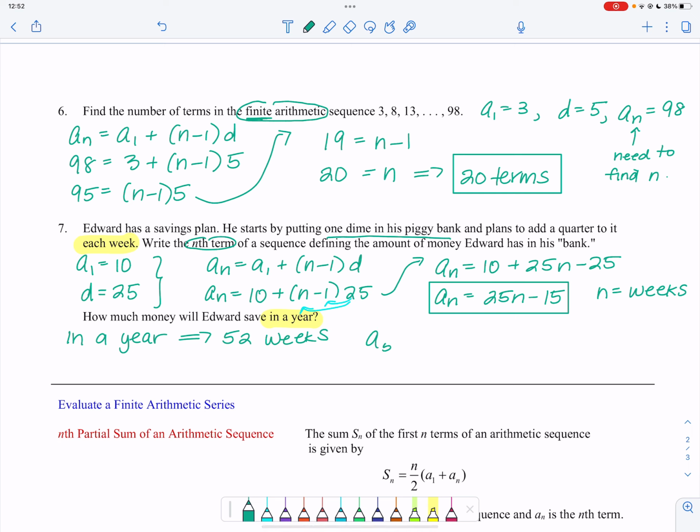So a sub 52 is 25 times 52 minus 15, and that comes out to 1285. Keep in mind that's cents, so he will have $12.85.